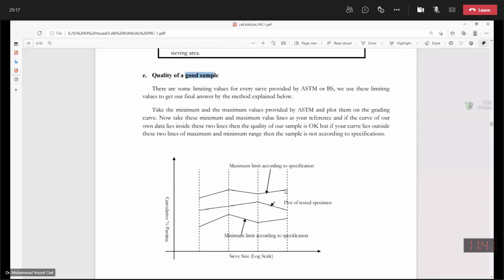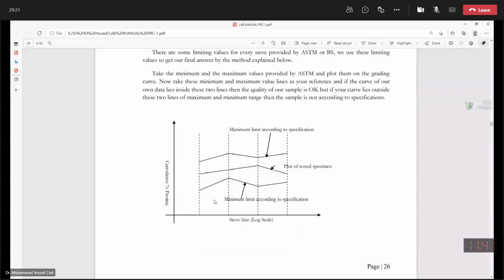And you know, you have also drawn the gradation curve in geotech lab, that on one side there is the cumulative percentage passing, on the other side is the sieve size on the log scale. Now these are the limits which have been given, the minimum percentage passing according to specification and the maximum limit according to specification.